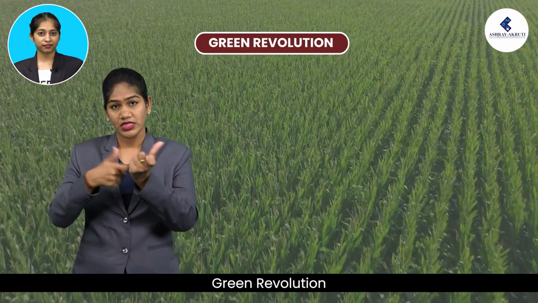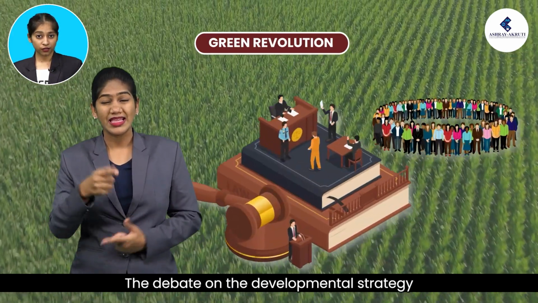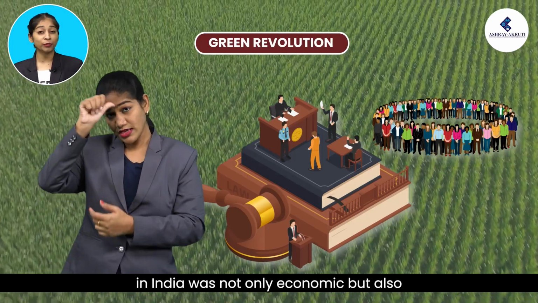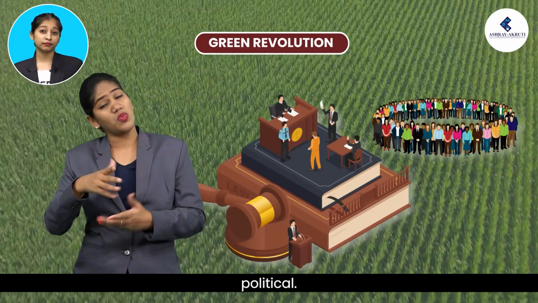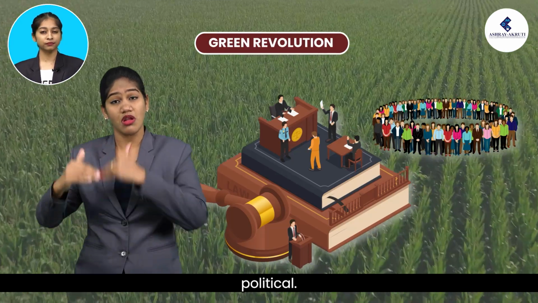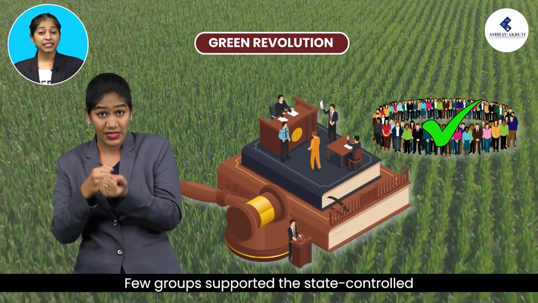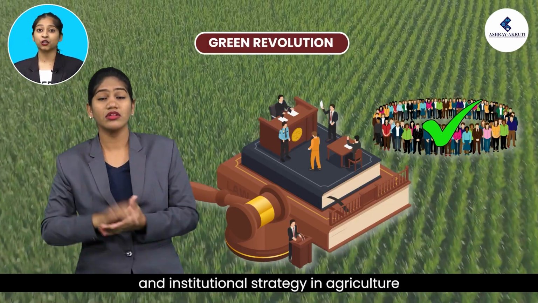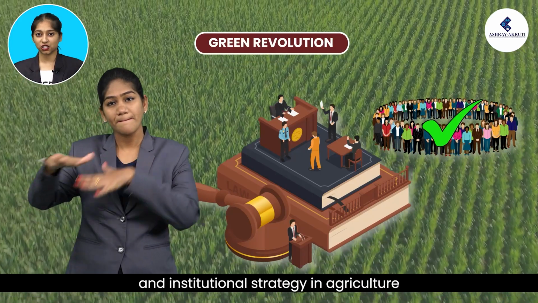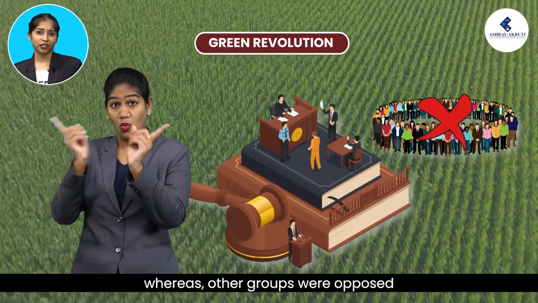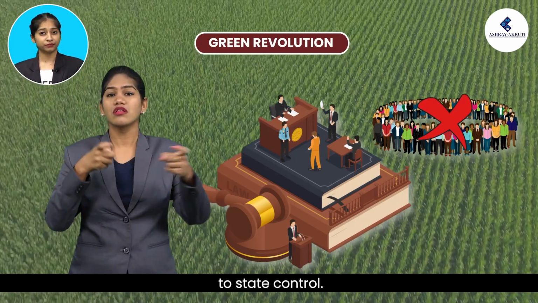Green Revolution. The debate on the developmental strategy in India was not only economic but also political. Few groups supported the state-controlled and institutional strategy in agriculture, whereas other groups were opposed to state control.